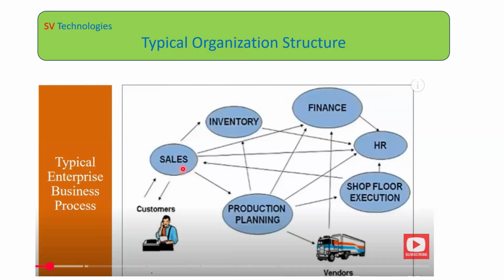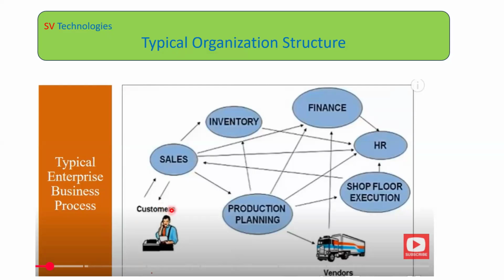For example, whatever the customer has ordered, if it is not available in the inventory, then immediately they will reach out to the production planning department. You can see here. Let us say a customer has placed an order for some bike.